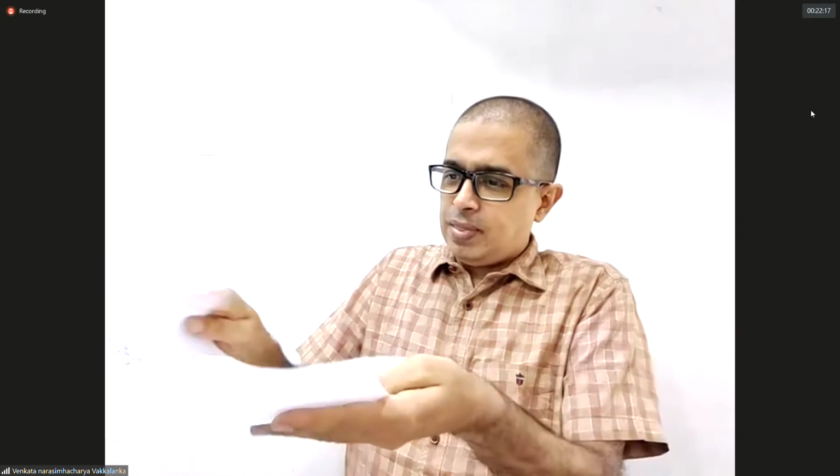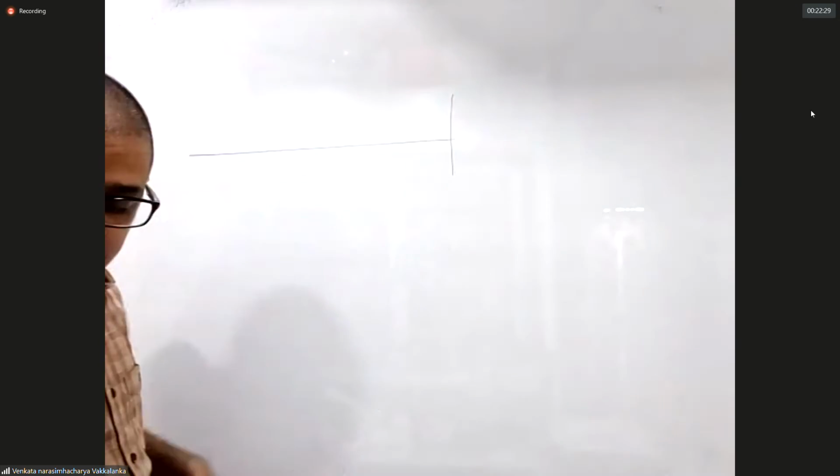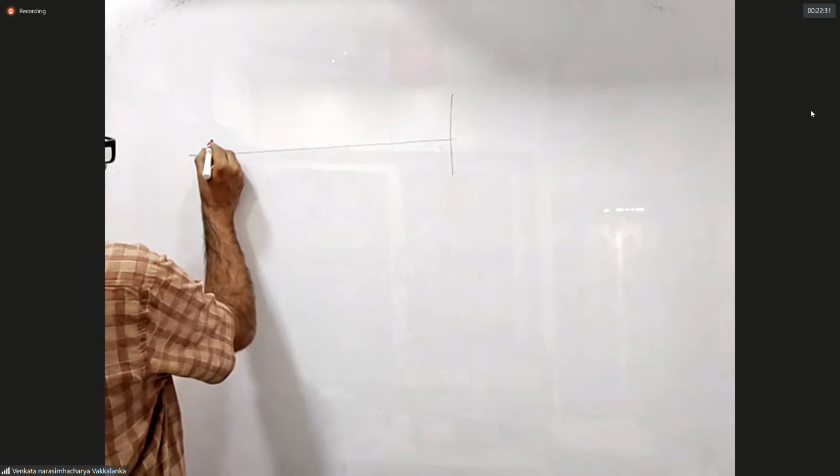And then you bend the carpet and start moving it this way with uniform speed. Are you able to visualize? The carpet doesn't slip. Here it is sufficiently rough.